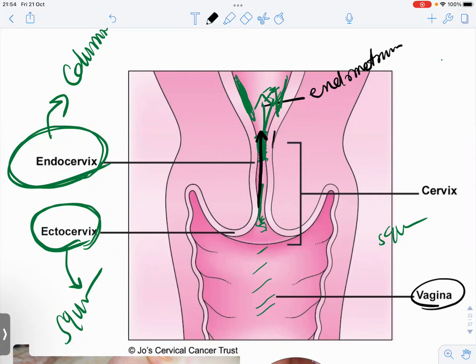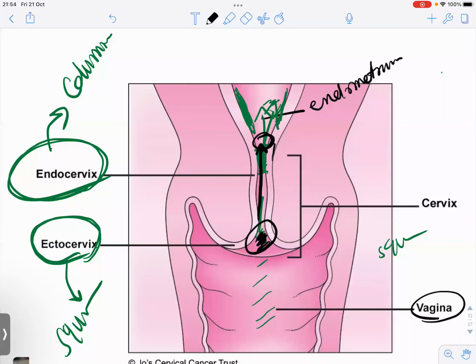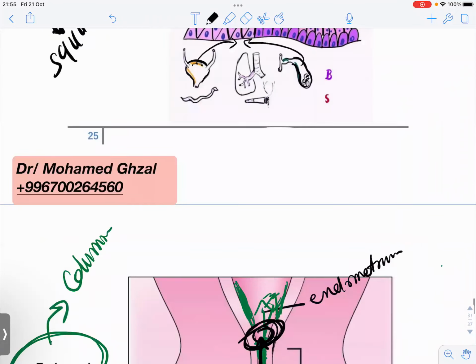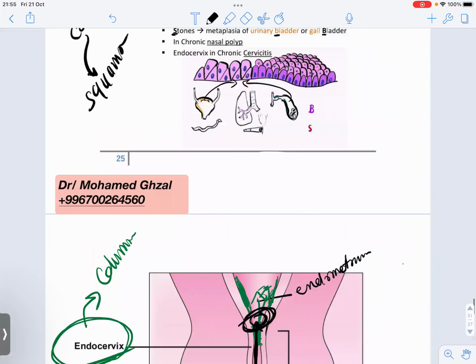So I have to transform into a stronger epithelium, squamous epithelium, like the epithelium of the exocervix." The exocervix is naturally squamous, but the endo is columnar. After infection affects the exocervix, the infection can go inside the endo, so the endo also will transform into squamous epithelium to be able to face the infection coming from the exocervix.